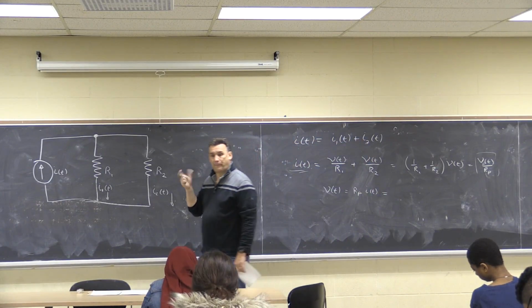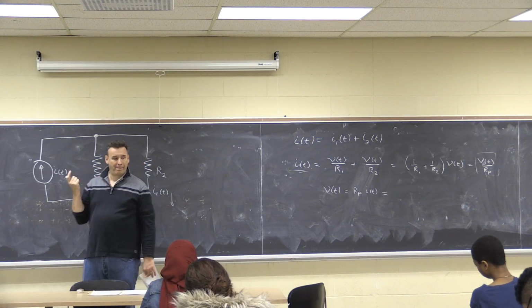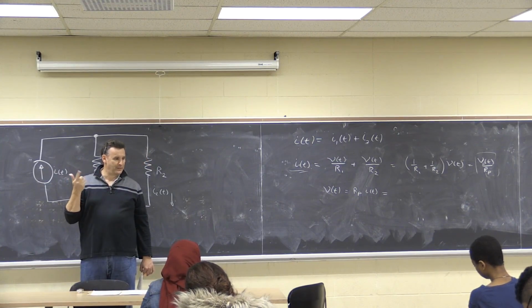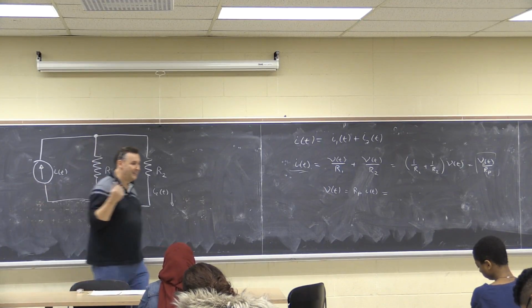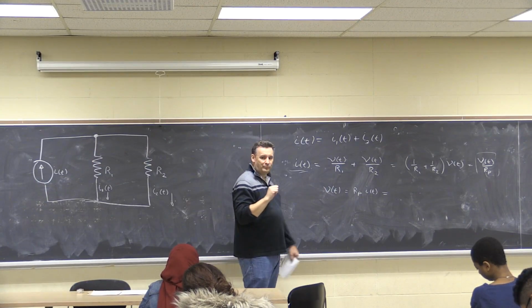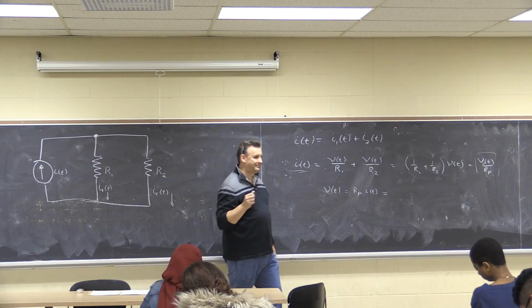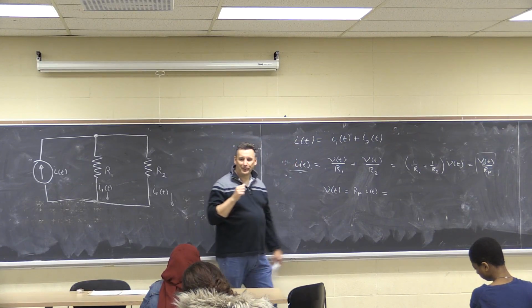What is R of P? So it's 1 over R1 plus 1 over R2, but I gave you a handy reckoner for what that would be. It was the last thing I wrote down on Monday.